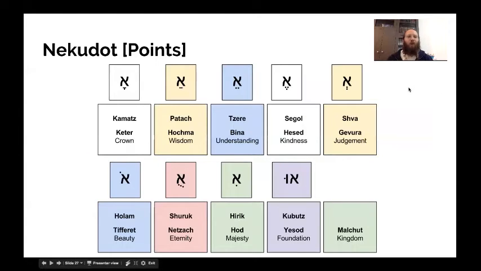Nikudot, points. If you just have the letters themselves, and most of the time in the books, and even in the Torah scroll, there are only the letters and the crowns that we'll see in a moment. So the points, the punctuation, and the tastes aren't written in the Torah scroll, and you have to memorize them by reading a book that does have them.